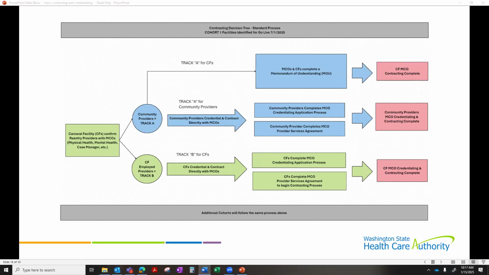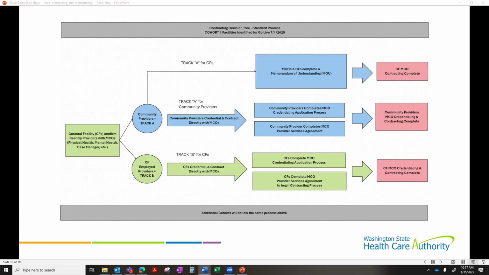So now looking at track B, which is the bottom one that is green, this track focuses on carceral facilities with employed providers. This track applies to carceral facilities who will have their clinician employees delivering services. This may be medication management, mental health therapy, clinical case management.